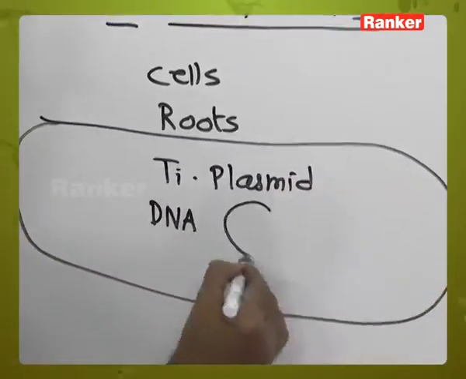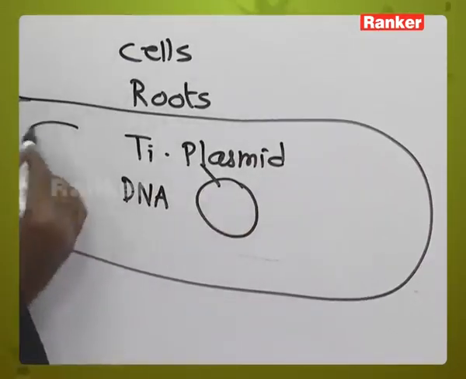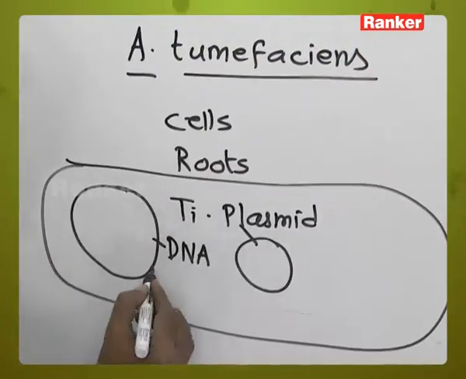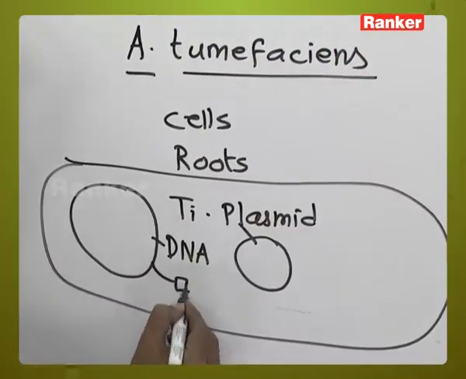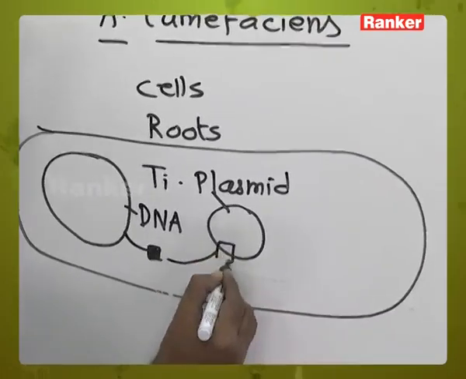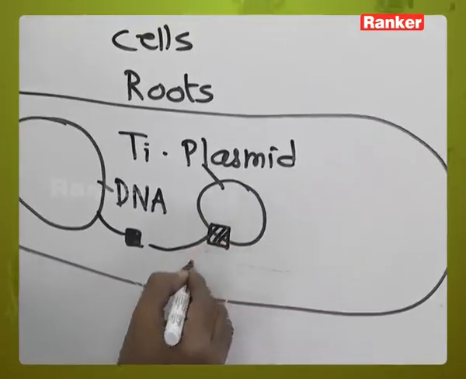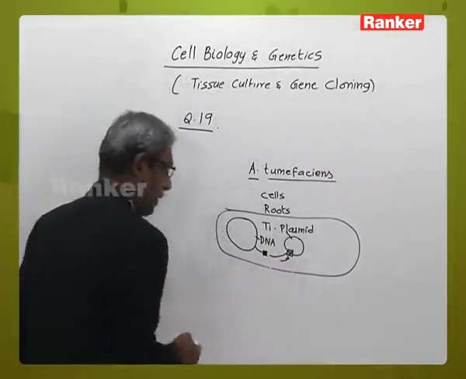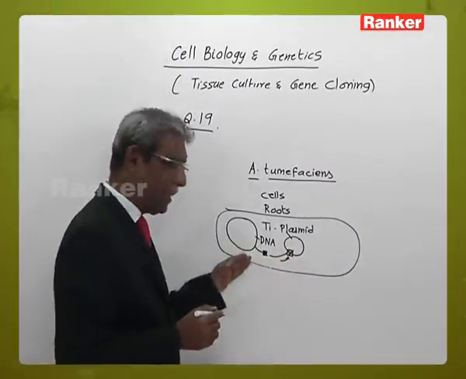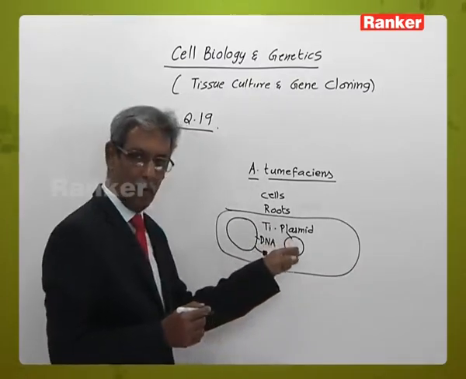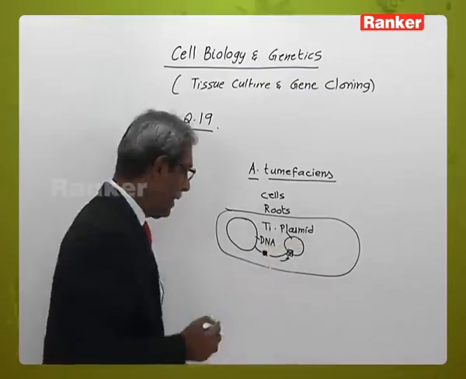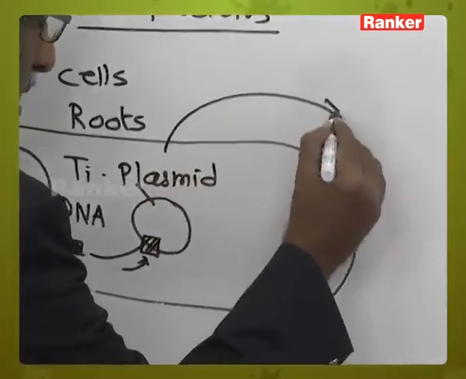If you think this is the Ti plasmid and this is the DNA, it is capable of taking its own DNA and integrating it within the plasmid. So, in nature it cuts the DNA, loads it into the plasmid, and this plasmid can later easily be transferred to another cell.